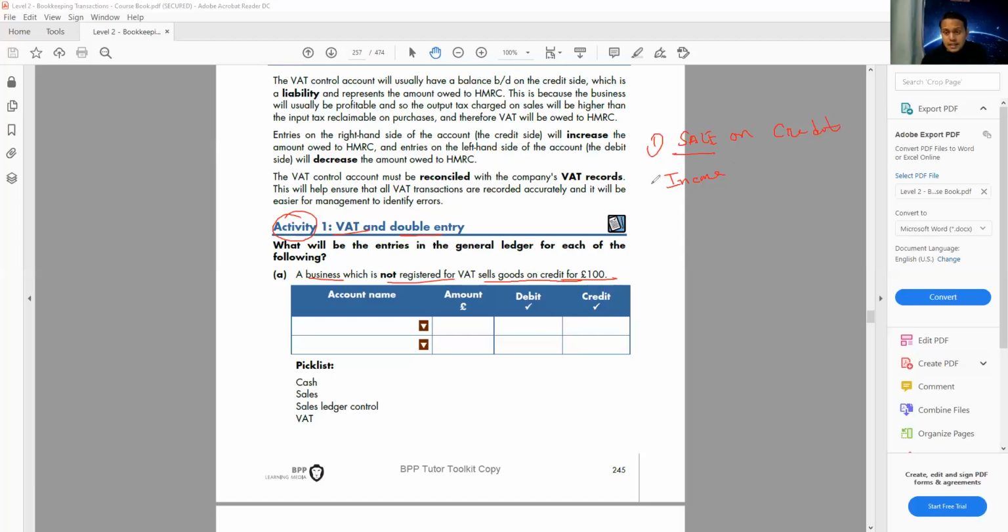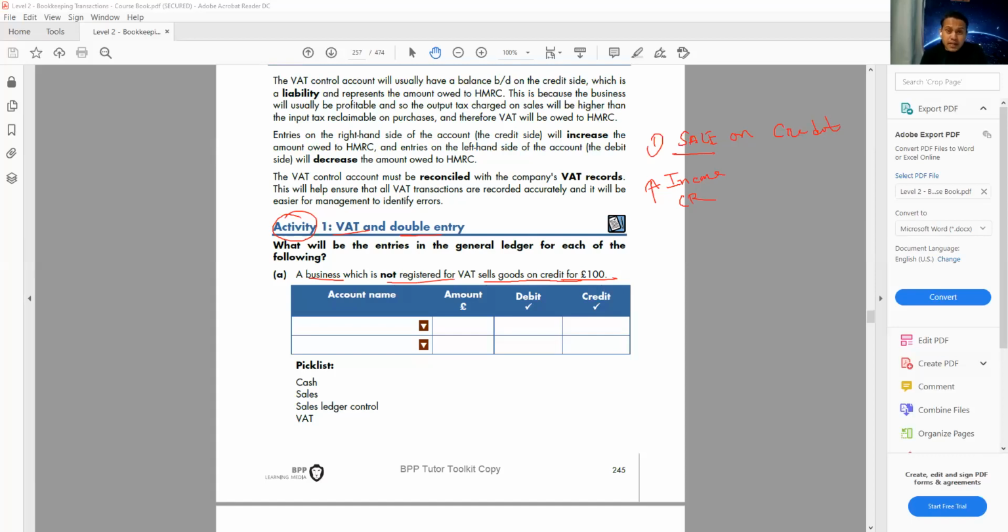If my sales go up, my income goes up. And if my income goes up, my CLIC also goes up. So DEAD CLIC. CLIC, C-L-I-C. So I is income. My income goes up, and if my income goes up, that's my credit. Sales is a credit.